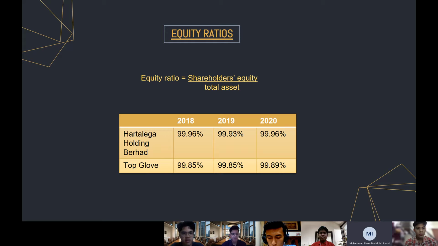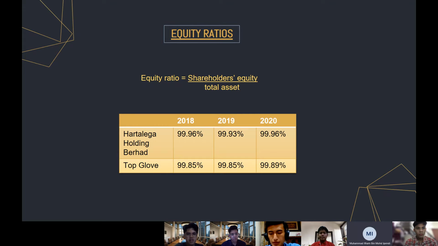The first one is the equity ratio. The formula for equity ratio is shareholders' equity divided by total asset. As we can see on the screen and in the table, these are the percentages of equity ratios for Harta Lega Holding and Top Glove for 3 years, which is 2018, 19, and 20.